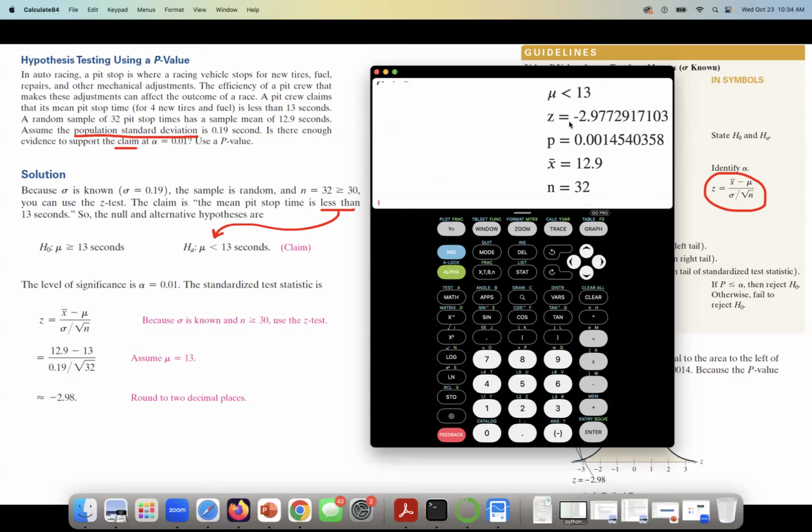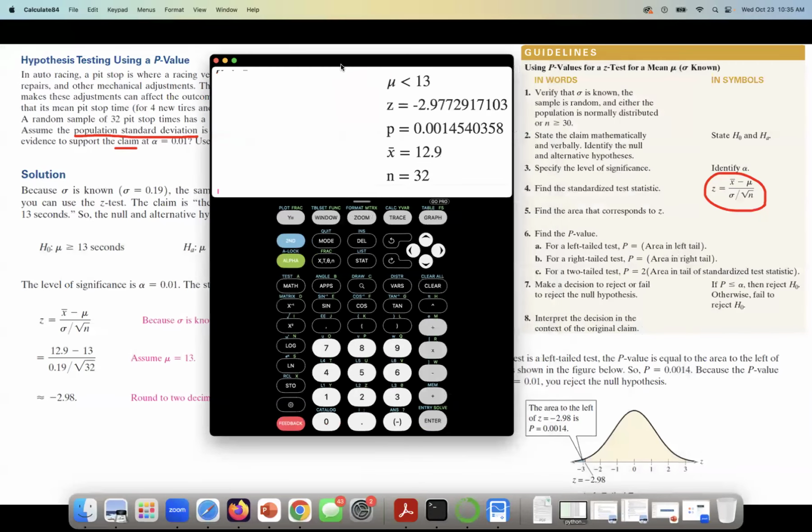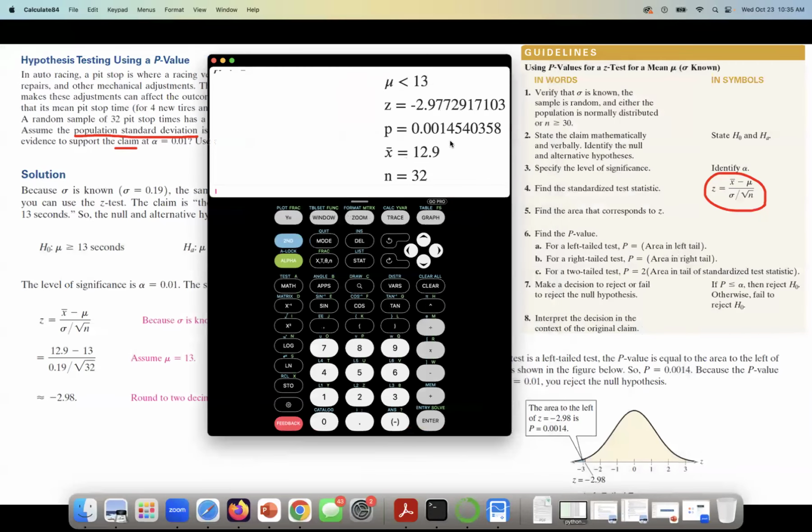As you can see, z, which is matching with negative 2.98 in our calculation, is negative 2.977. If you round it, you get negative 2.98. The p-value is also calculated for you here as 0.0014 or 5. So basically matching what we calculated for our p-value.